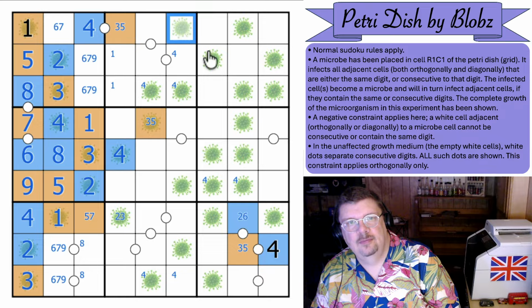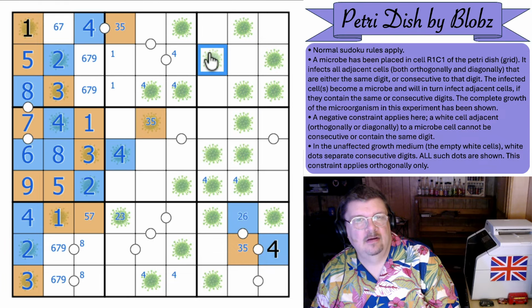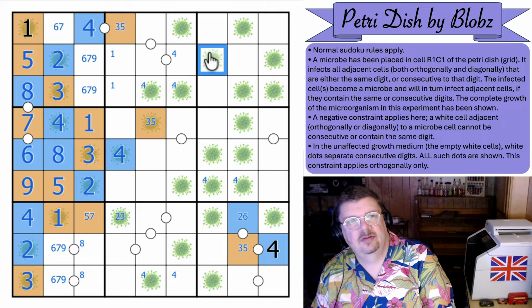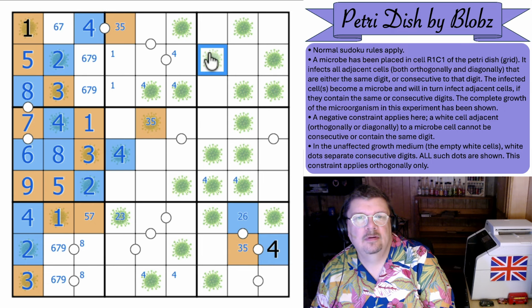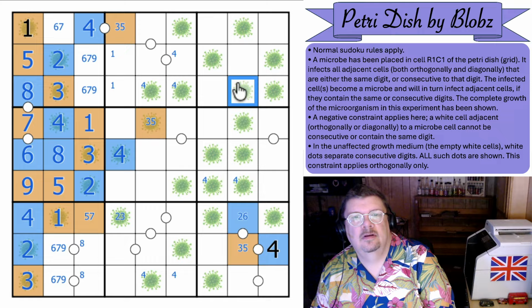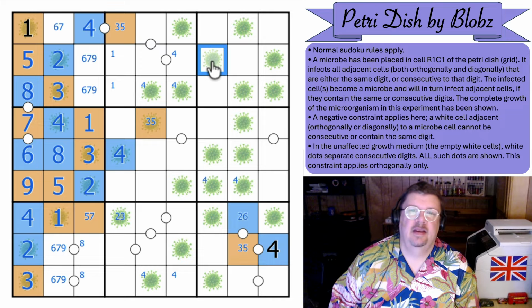So if that's a 2, then that has to have been a 1 or a 3, but it can't be a 1 because the only digits that 1 can... no, that's not true. Because that could have been a 1. That would make that a 1. That would make that a 2. Okay, one of those two has to have been infected by this. So that's a gatekeeper cell.